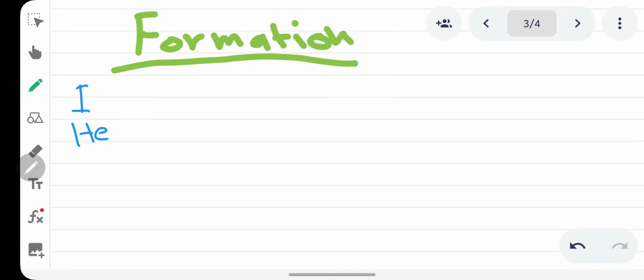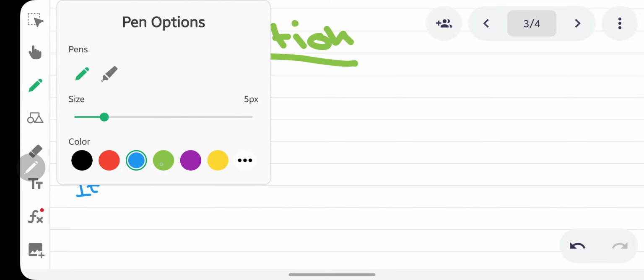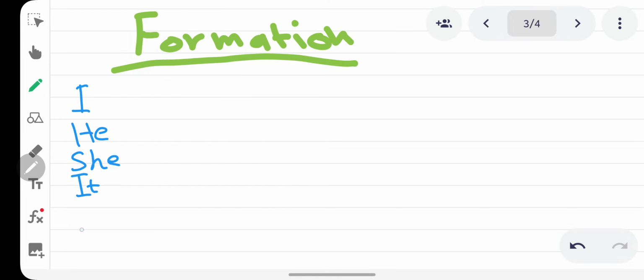I'm going to group them in order to know what to write after that. We have also she, then we have it. Then we have another group, the rest of the pronouns, and let's write them in blue. We have they, you, and we.